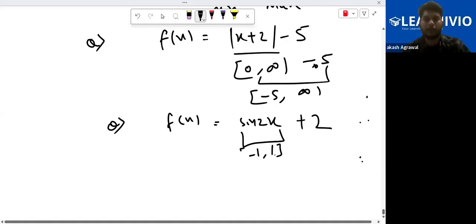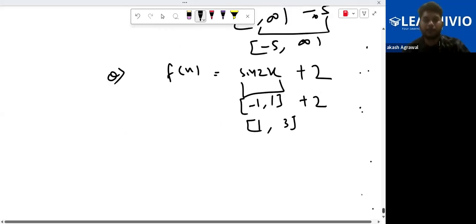So minimum is minus 1, maximum is 1. If you add 2 to this, minimum becomes 1 and maximum becomes 3. This will be the answer. Yes, sir. All of you, this is clear?